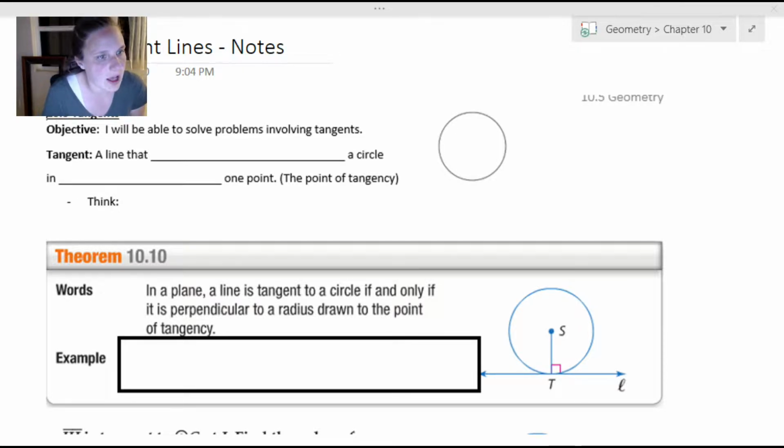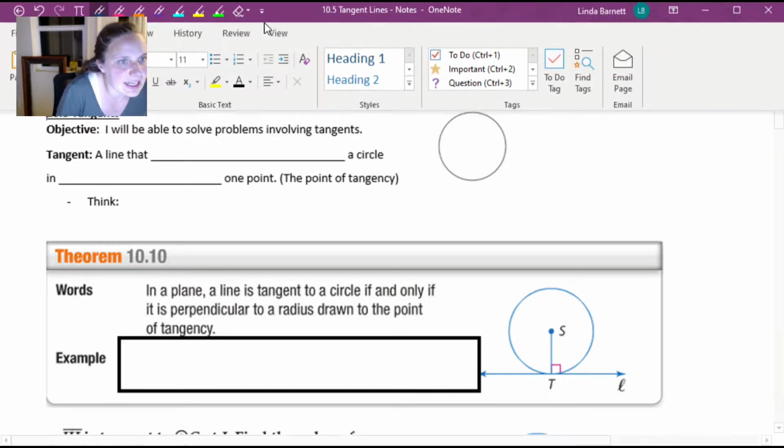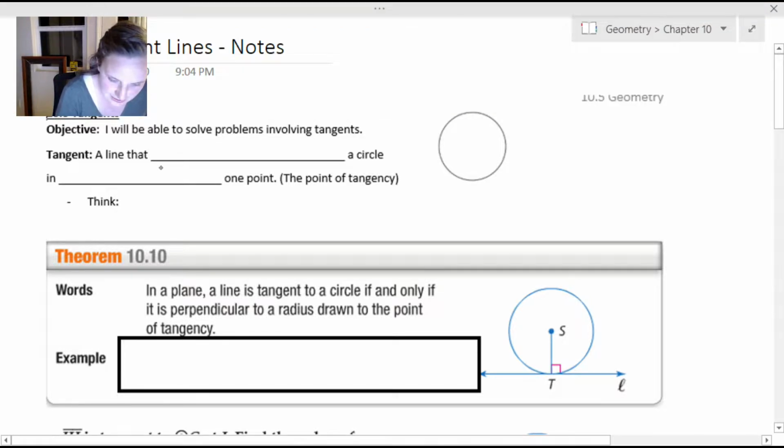So first of all, a tangent is a line that intersects a circle in exactly one point. I like to think of a pencil on a hula hoop.